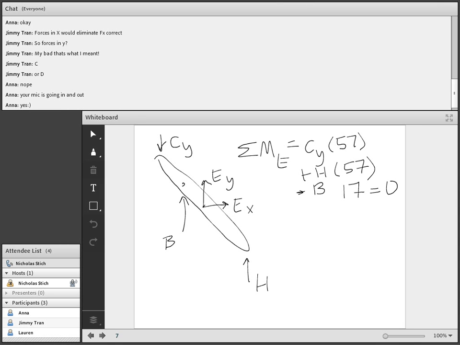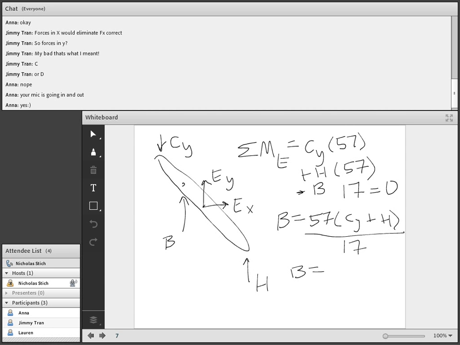Now all we want to do is solve for B. So we say that B is equal to 57 times Cy plus H, all divided by 17. Let me plug this in the calculator to make sure we're getting the right answer. So we get 57 times Cy plus H, which is 2,000, and we divide it by 17.